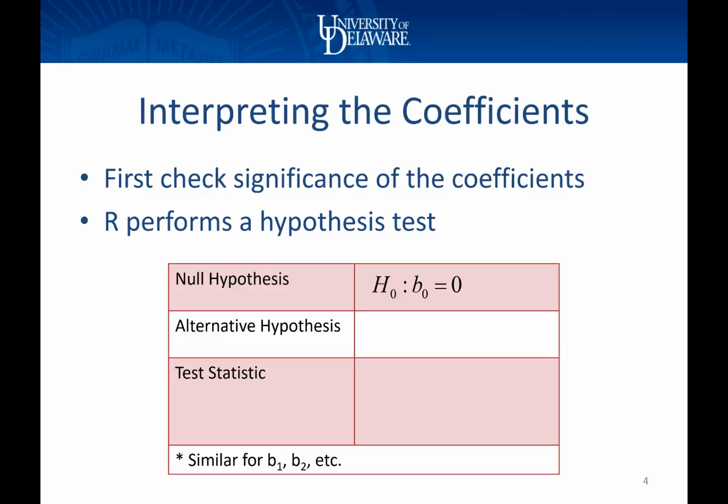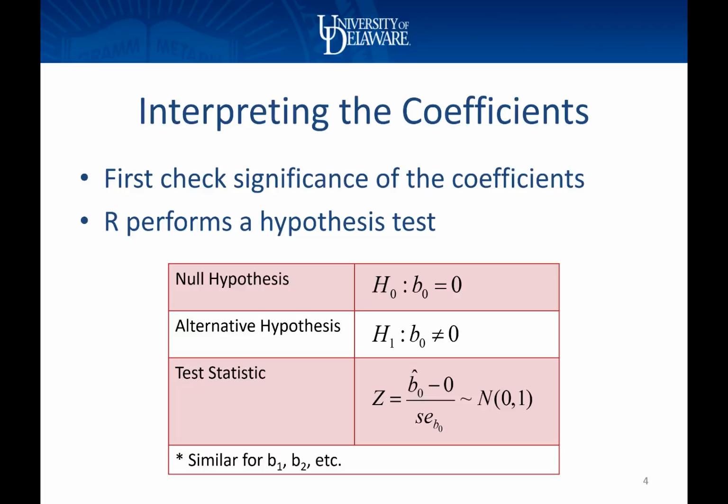We're testing to see whether each intercept and slope is equal to 0 or not equal to 0. And effectively, we're testing to see if that coefficient is significantly contributing to the model. If it is, we'll keep it. If it's not, we'll say this coefficient is insignificant and we'll remove it from the model.